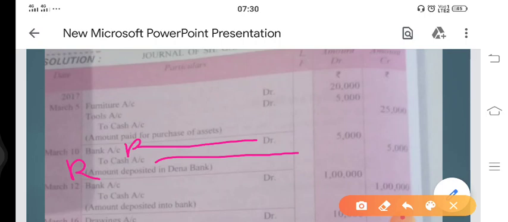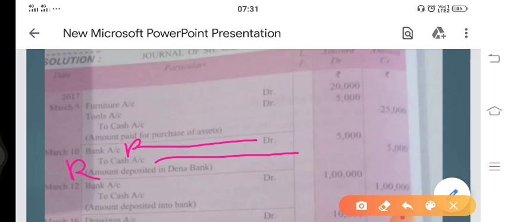Moving towards the next point: banked rupees 1 lakh. What is the meaning of banked? It means that we have deposited cash into the bank.